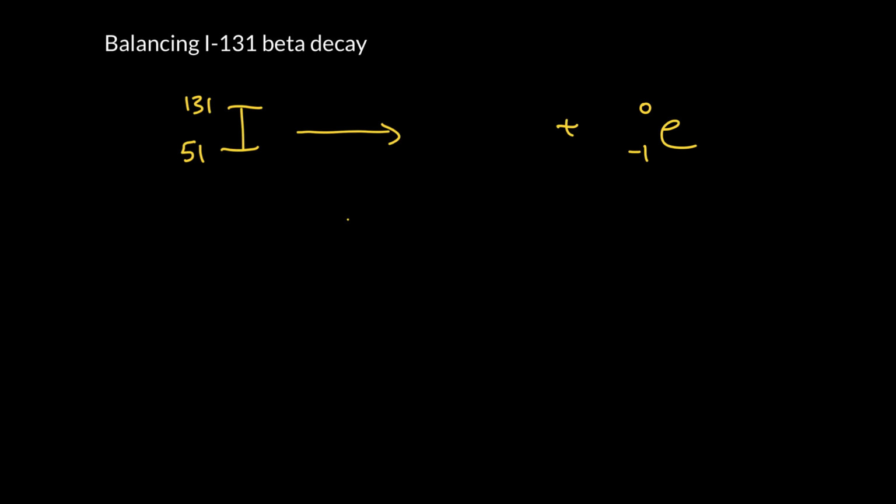And let's go ahead and write this down. So we're going to write X there because we don't know what it is. We know that the mass number must be 131. So notice 131 equals 131 plus 0. The bottom number here, 51, is equal to -1 plus this thing over here. So this thing over here must be 52. And again, remember in beta decay, you're essentially just changing a neutron into a proton plus an electron.